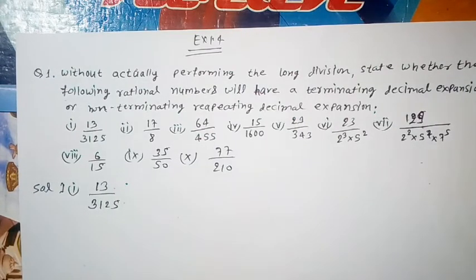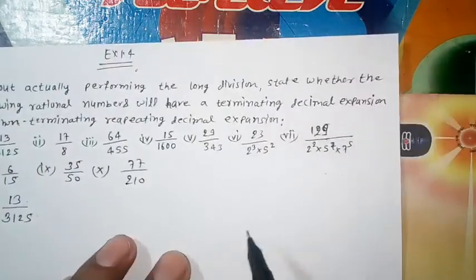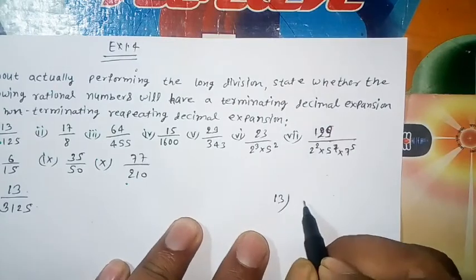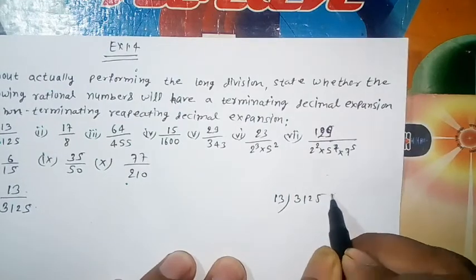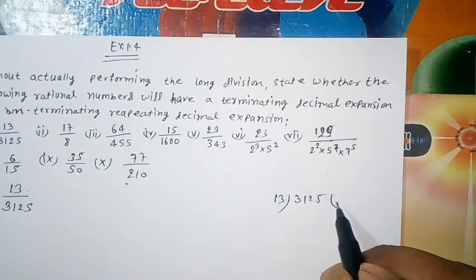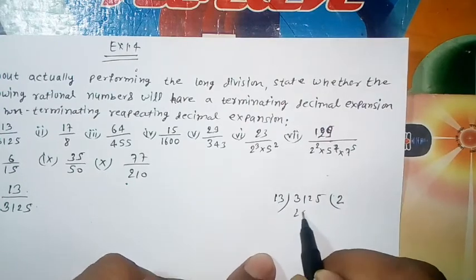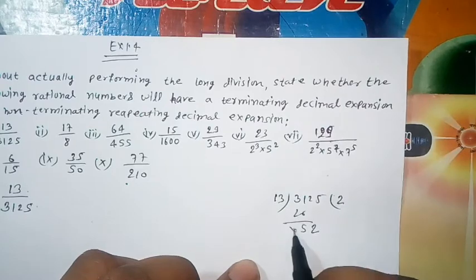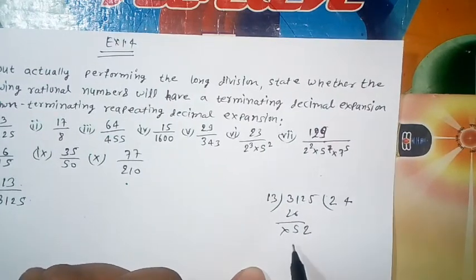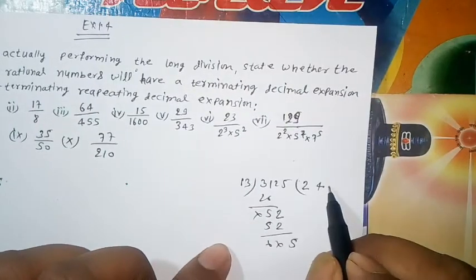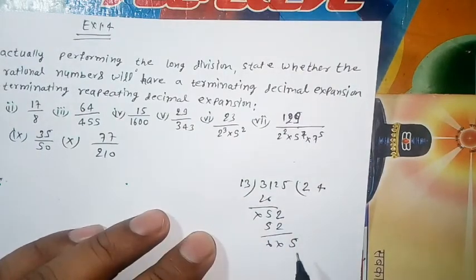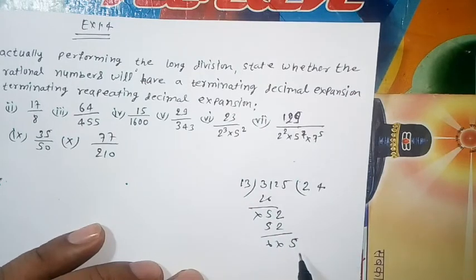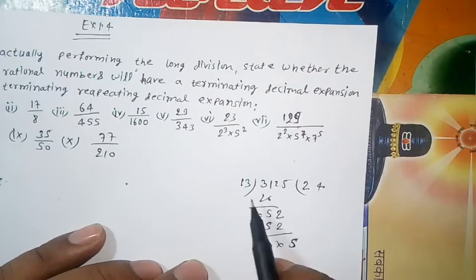First we find the HCF of 13 and 3125. Dividing 3125 by 13: 13 times 2 is 26, 13 times 4 is 52, 5 comes down, 13 does not go into 5, so we put 0.